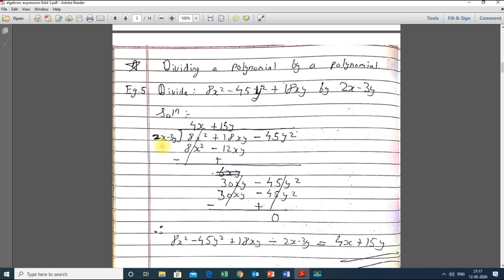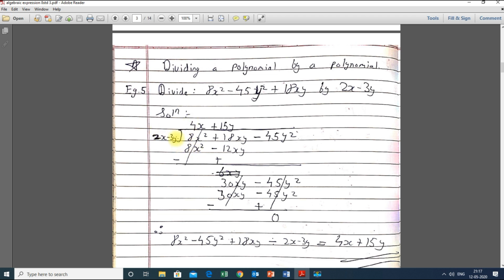Then what will I multiply with 2x to get 8x square? I know that if I multiply 2 with 4, I will get 8. Therefore, I wrote 4 over here. I know that when I multiply x with x, I will get x square. Therefore, I wrote x over here. So, 2x I multiply with 4x, I will get 8x square. So, 2 into 4 is 8 and x into x is x square.